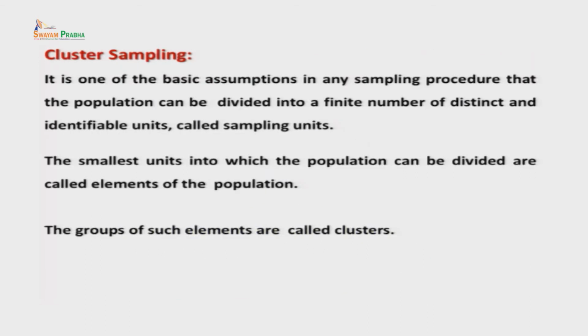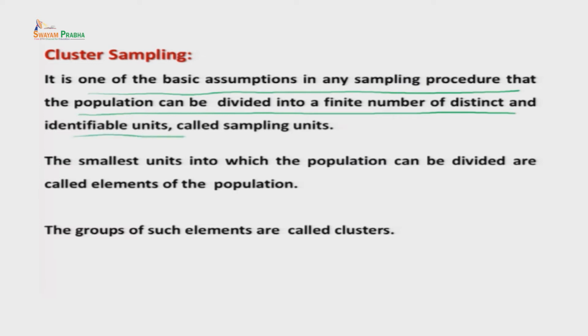Right. So now I come to cluster sampling in a more formal way. This is one of the basic assumptions in any sampling procedure that we have done up to now, that the population can be divided into a finite number of distinct and identifiable units, which we have called sampling units.